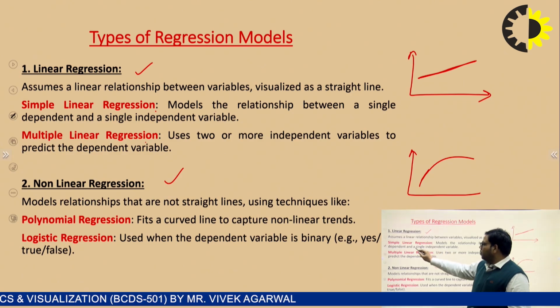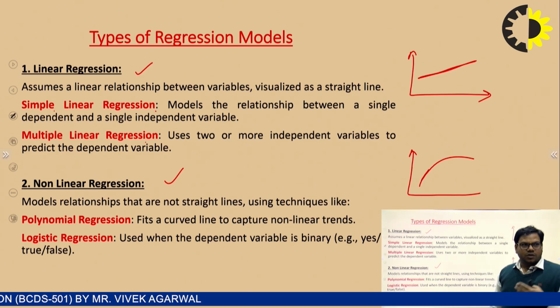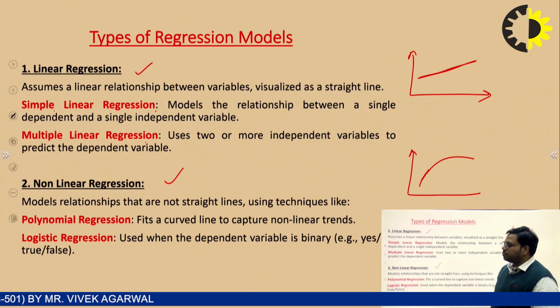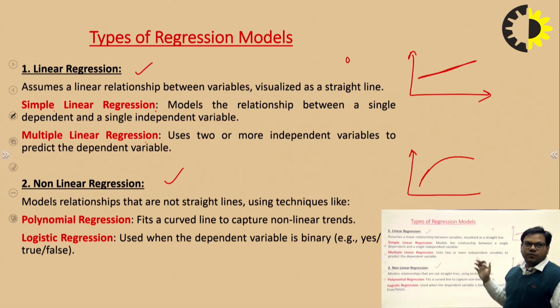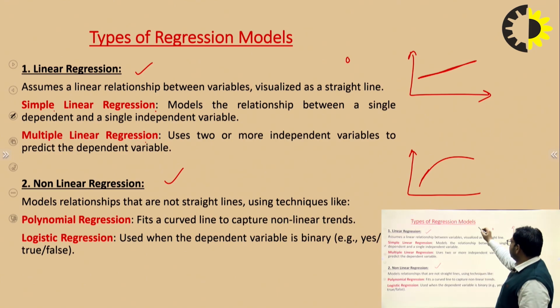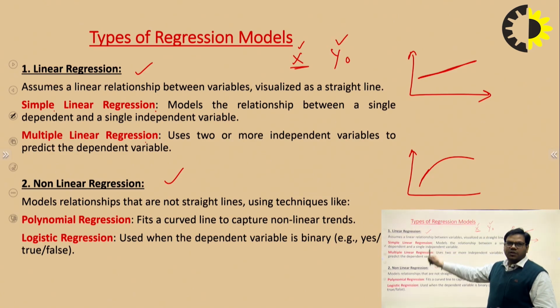And if we talk about linear regression, there are two possible types. Simple linear regression, where we have only one independent variable for the dependent variable. As I said, y is the outcome or the dependent variable and x is the independent variable, single or maybe multiple. If this x is only one, then it is called a simple linear regression.